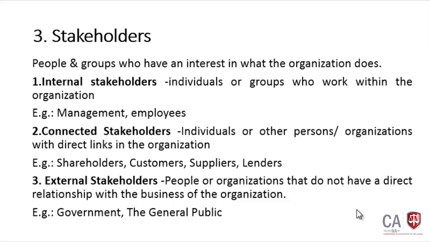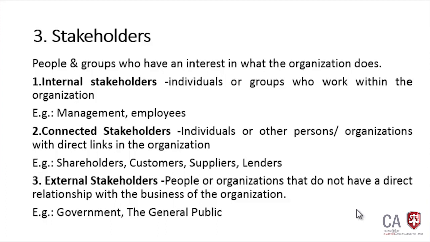Who normally has a direct link relationship with the organization? Examples: shareholders, yes, number one party, no. Then customers, they normally purchase the goods from the organization. Then suppliers, they provide the materials. Lenders like banks, they provide the required finance for the organization. These are examples of connected stakeholders. Here the keyword is direct link.